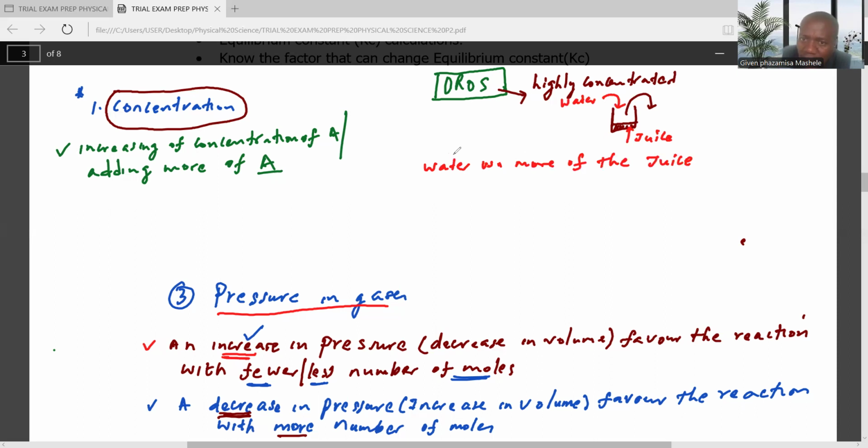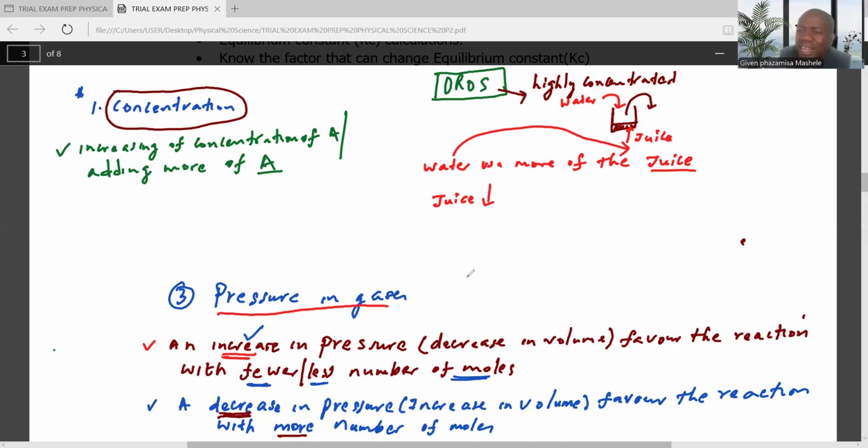As a result, what's going to happen? It means the concentration of the juice will decrease. It will no longer be sweeter like before.